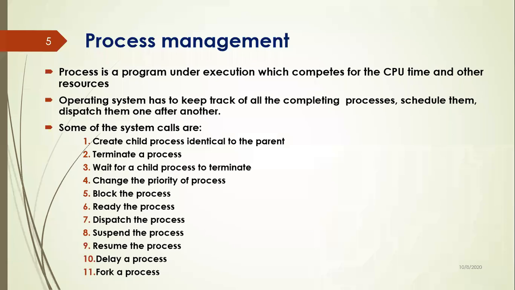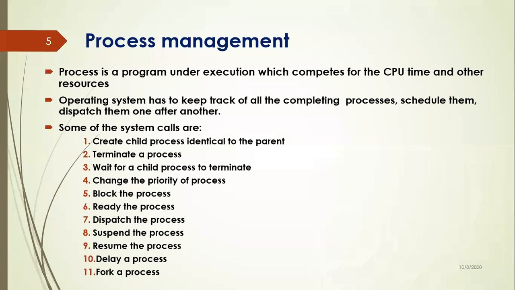What is a child process? Suppose one process is executing, but to complete that process we need to complete another process, so we can say that this is a child process of the original process.